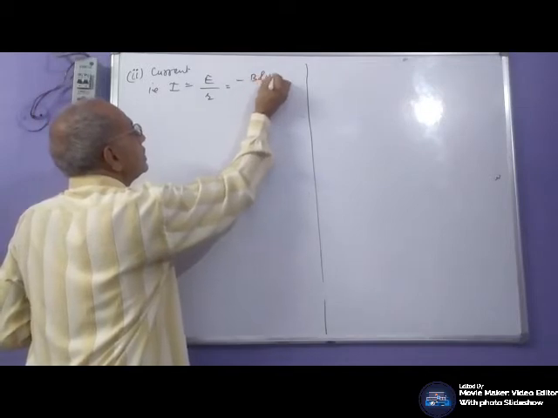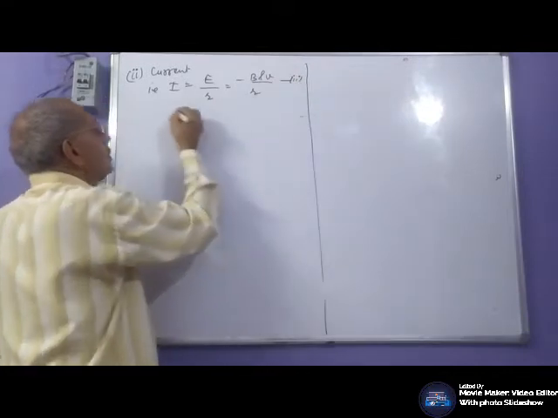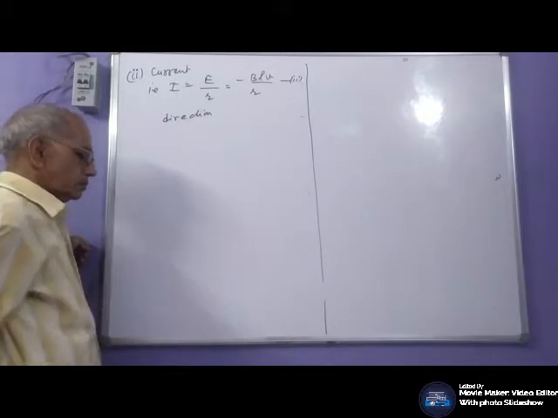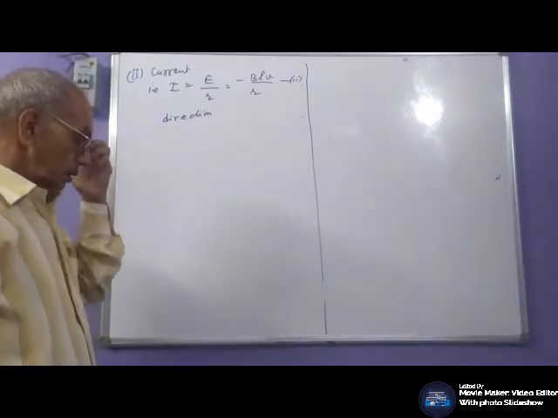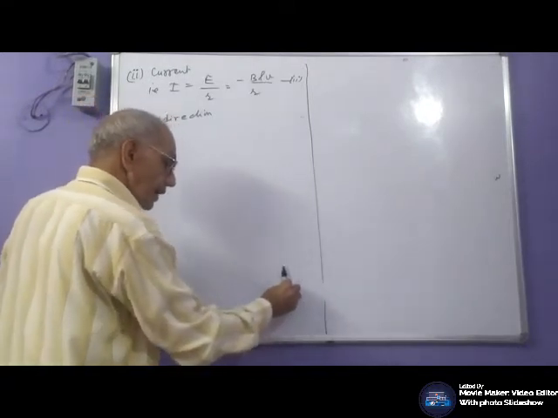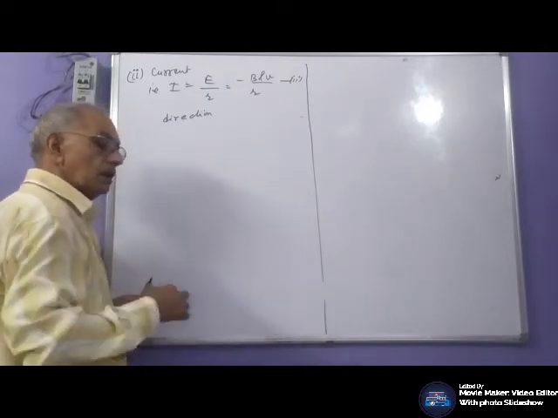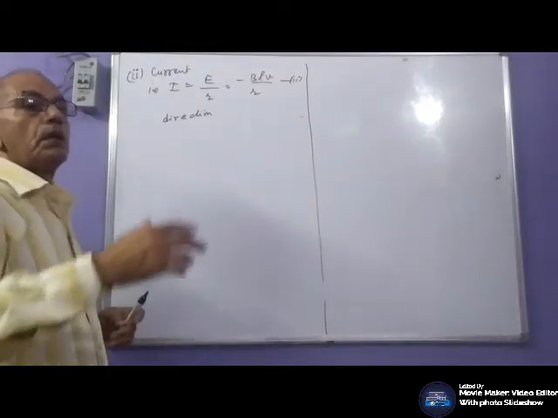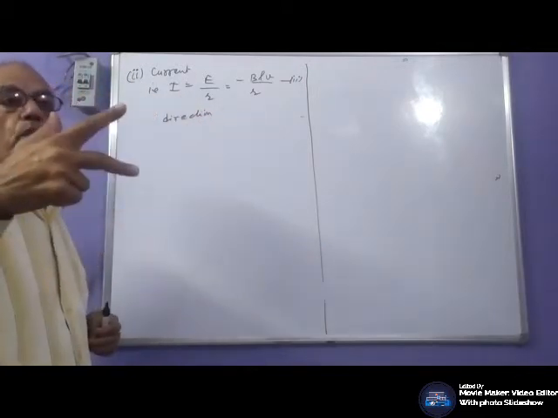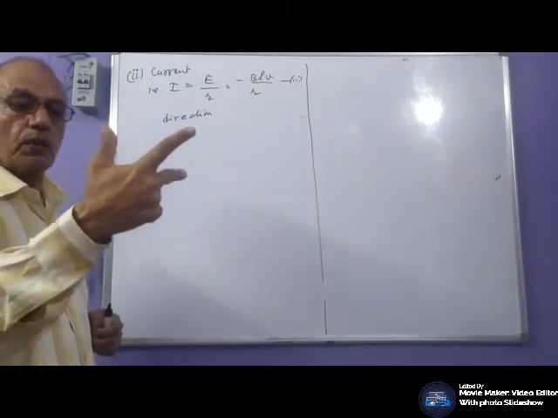Minus BLV by R. Direction. ये कंडक्टर था, ऐसे मूव किया था हमने, ऐसे फिगर. When there is induced EMF, then we apply this rule, Fleming's right hand rule.